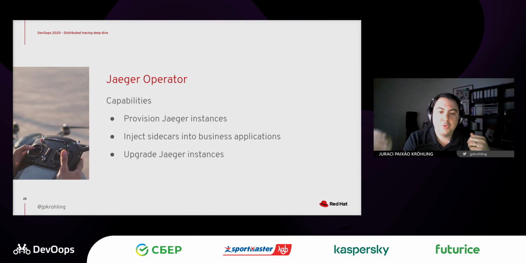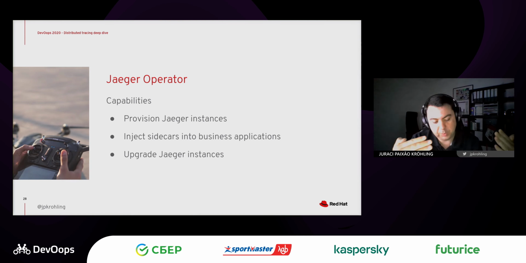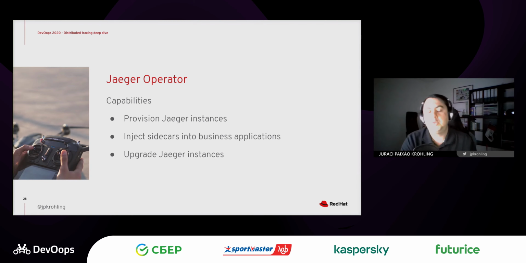So in concrete terms for the Jaeger operator, we are talking about provisioning Jaeger instances. We are talking about injecting sidecars into business applications. So you know what sidecars are. Sidecars are a second container in your pod. You have your business application as a deployment for Kubernetes, and that deployment then generates a pod at runtime.